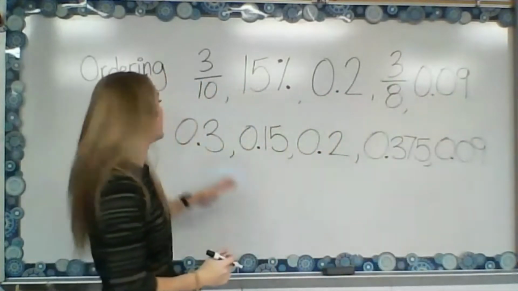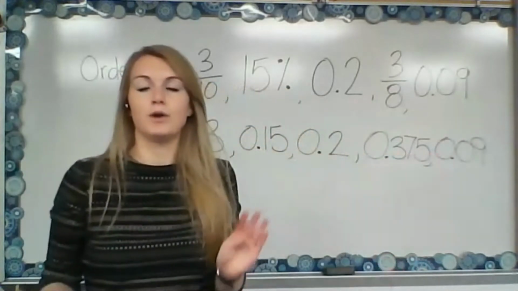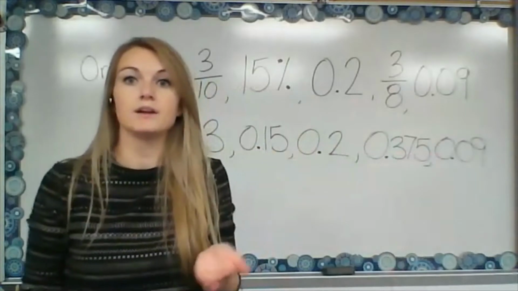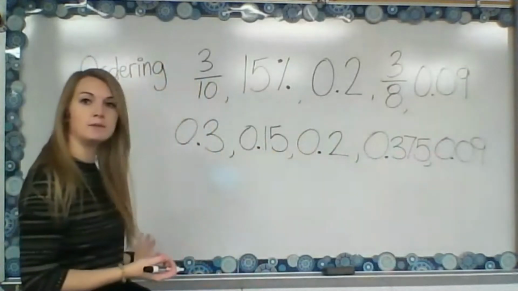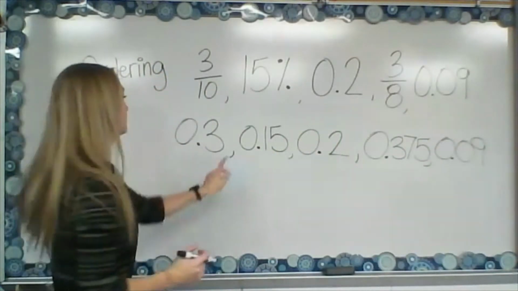Okay, now I've got all my decimals, and you're looking at these like, okay, that's great, but how do I know which one's bigger, which one's smaller? We're going to line them up vertically. Line up the decimals so one is right on top of the other.